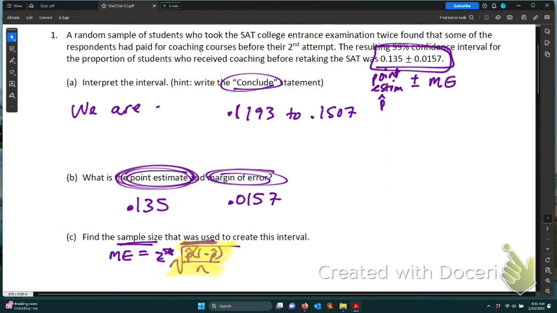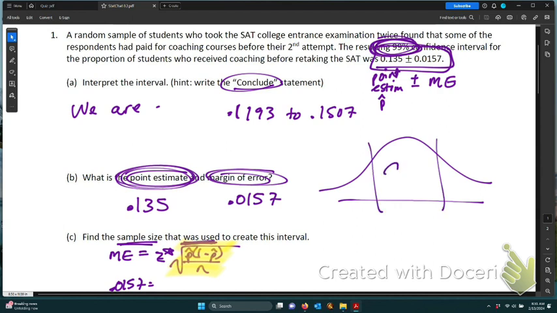Also on your formula chart, it says standard error, and then there's this formula right there on your formula chart. So, okay, you plug in all your stuff. You actually had the margin of error, 0.0157. The z-star critical value. So you do have to find the z-star critical value for 99%. I'm pretty sure we did this the day we did the StatChat, but the area right here was 0.005.